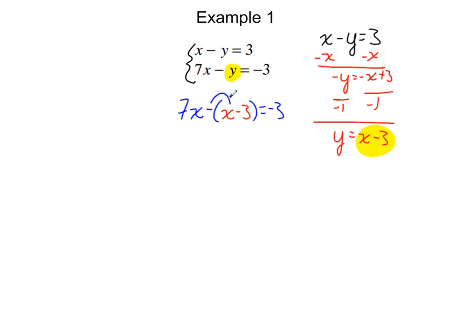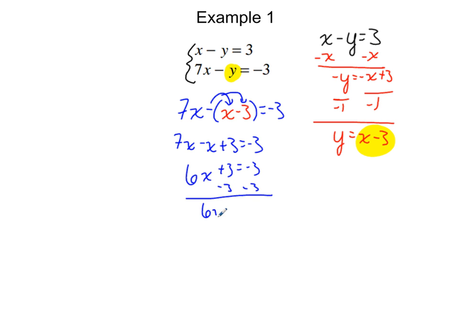So I distribute the negative, and so I get 7x minus x plus 3 is equal to negative 3. Combine like terms, 7x minus x is 6x. Now I gotta subtract 3 from both sides. So I get 6x is equal to negative 6. Divide both sides by 6. And we get x is equal to negative 1.